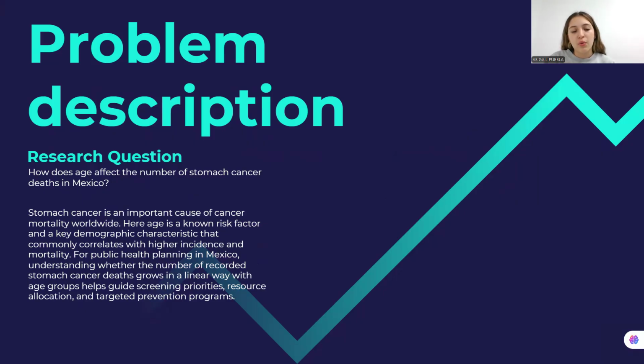What I thought to explore was that age is a known risk factor and a key demographic characteristic that commonly correlates with higher incidence and mortality. For public health planning in Mexico, I thought it was interesting to understand whether the number of recorded stomach cancer deaths grows in a linear way with age group.